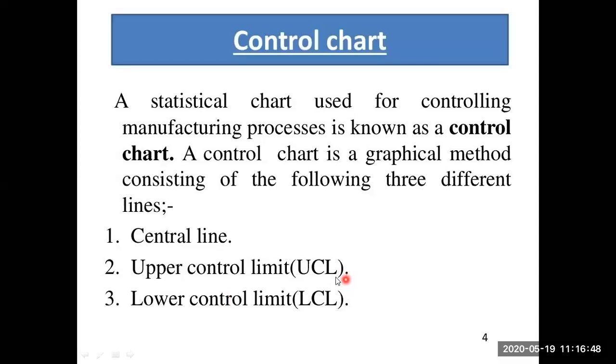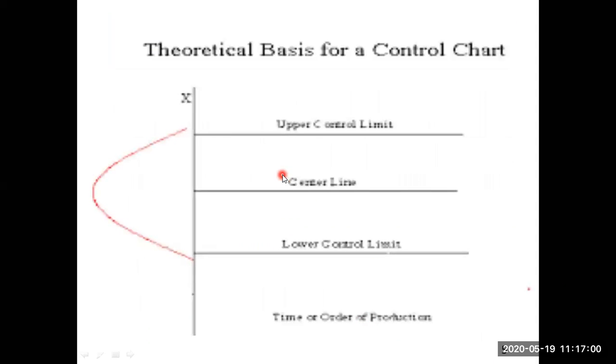For the R chart, UCL R bar. For the S chart, UCL with suffix S. This is the control line, this is the upper control line, and this is the lower control line. Remember this.